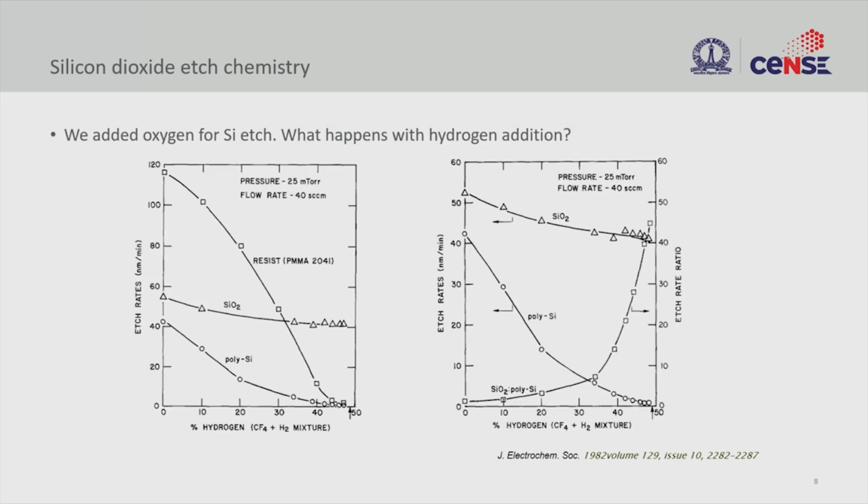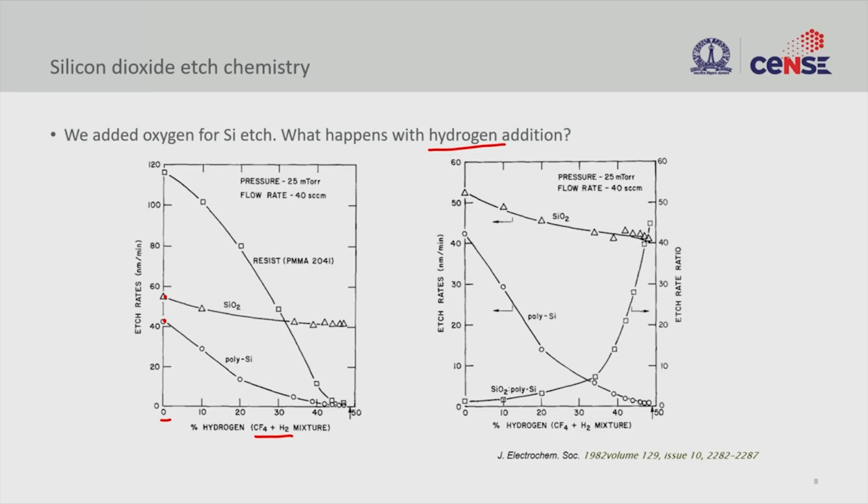So we used oxygen in the case of silicon etch to increase the etch rate. In this case, we add hydrogen to the plasma, so CF4 plus H2 is what we had. Interestingly, when you have 0 H2, so when there is no hydrogen added to the plasma, the selectivity between silicon and silicon dioxide is very small.